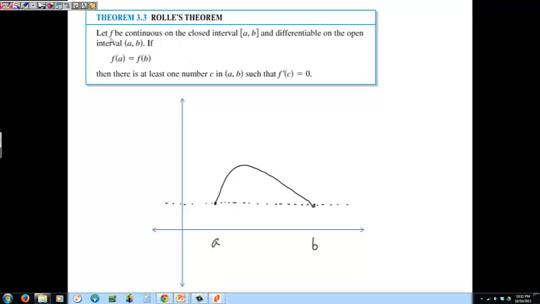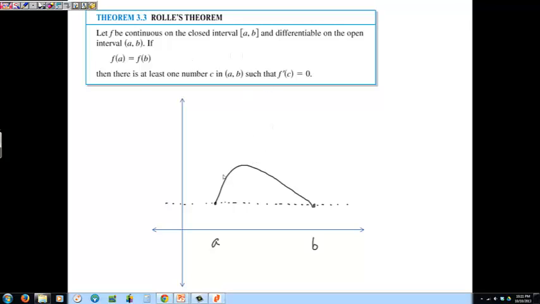Okay. So if f is continuous on the closed interval and differentiable, so it's smooth, no pointy things on here, right? And between a and b, and if they are at the same y value, where f of a and f of b are the same, then there's at least one point in between a and b where the slope has to be 0.